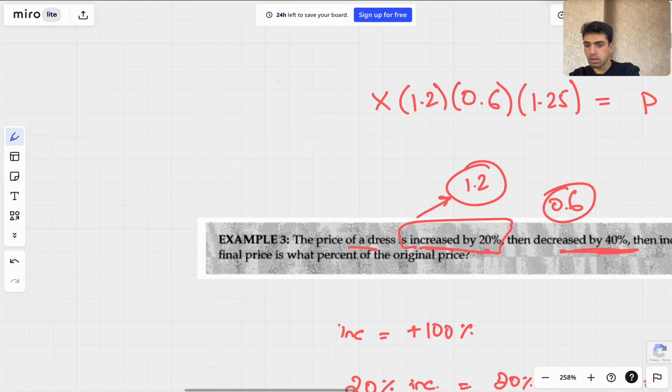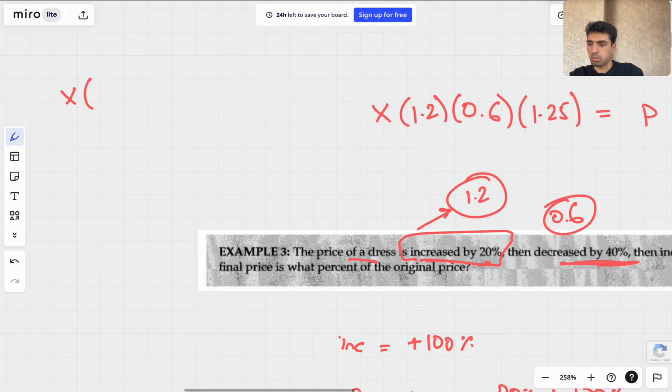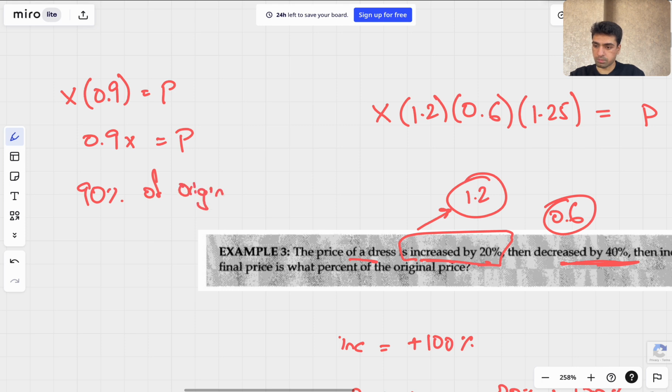So you get x multiplied by 0.9 equals P, which means 0.9x equals P. And 0.9 means 90%. So the new price is 90% of the original price. That's how you solve it.